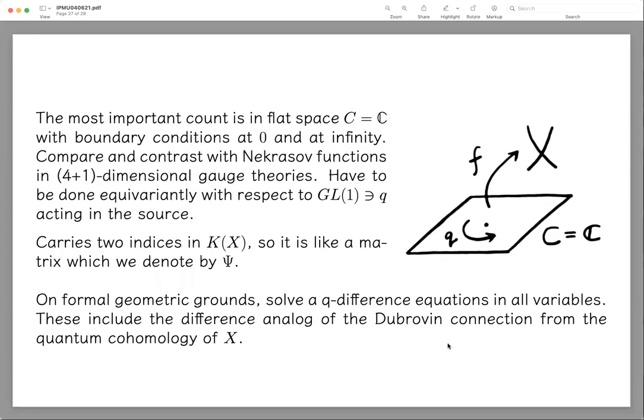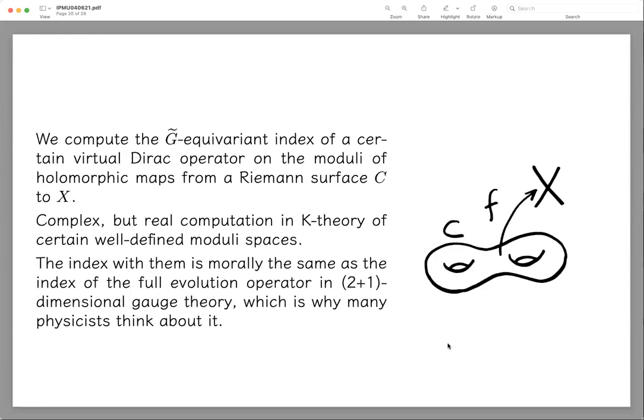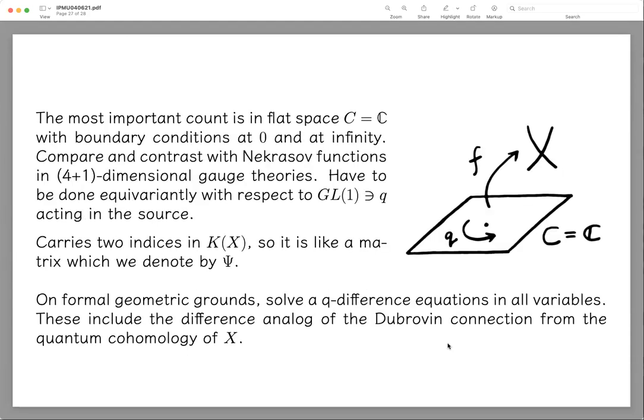The index is computed equivariantly with respect to both the automorphisms of X and of the curve C. The most important geometry, in any kind of physics, is flat space.